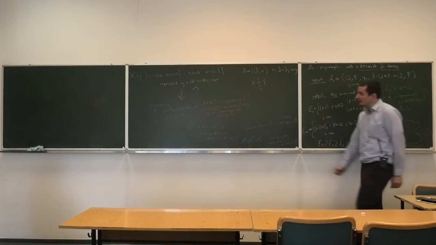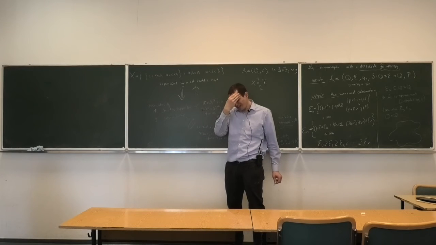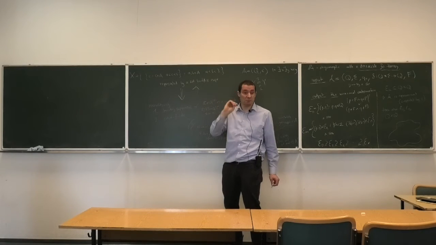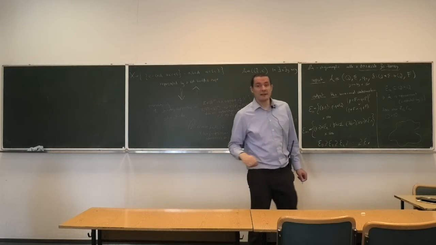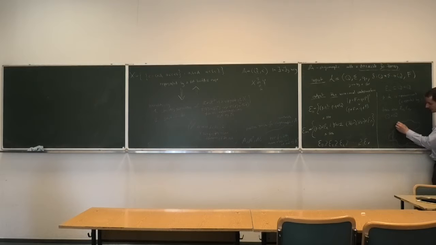Now, orbit finite sets are closed under products. I don't remember if we proved it, but it's true. Okay? So it's an orbit finite set, which means it has finitely many orbits. So these are the orbits, equivariant orbits in this case, because it's an equivariant set.